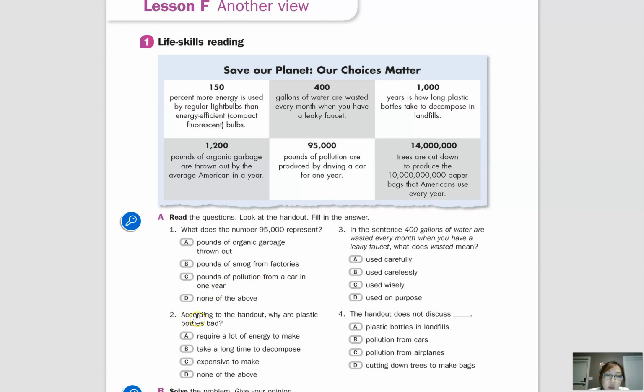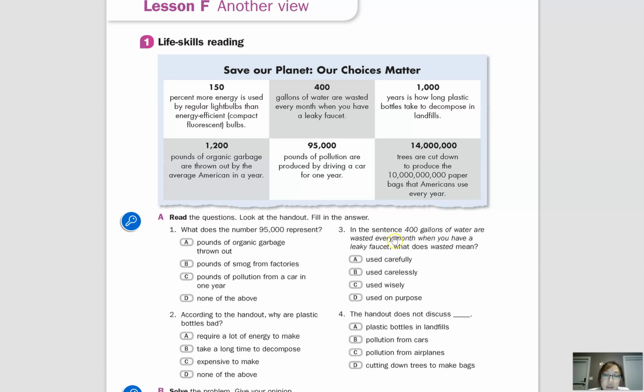Okay, and the number 2, according to the handout, why are plastic bottles bad? So we can say, according to the handout, plastic bottles are bad because they take a long time to decompose.